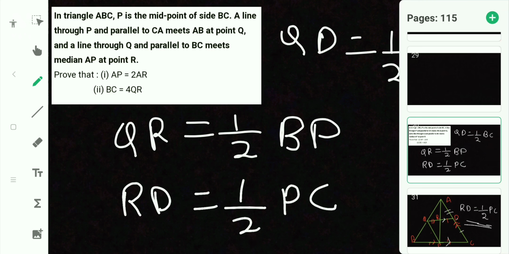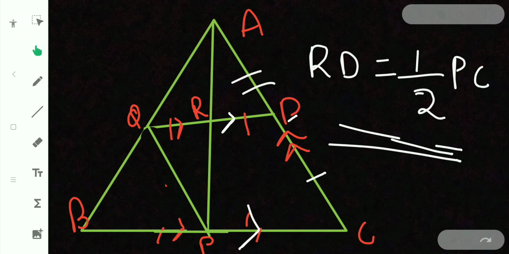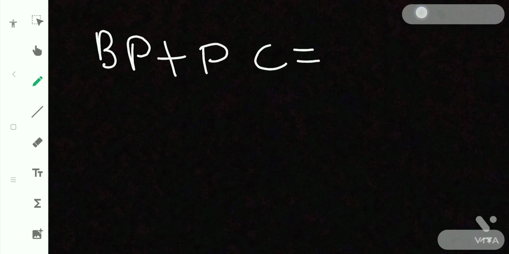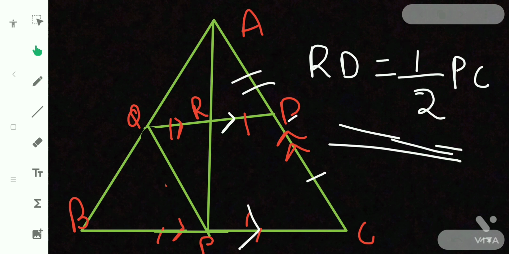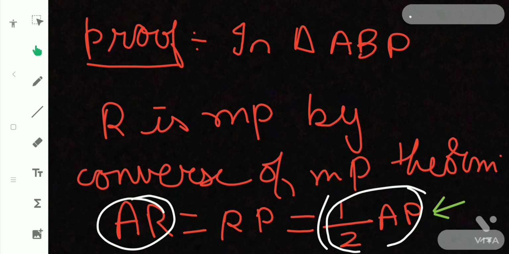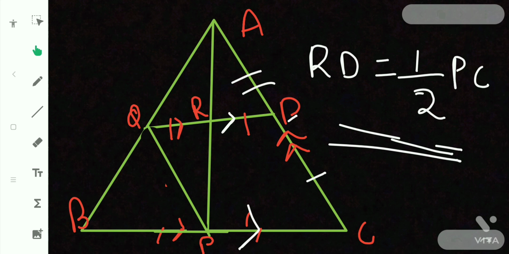Now just consider what BC is from the figure. BC is nothing but BP plus PC. From the figure you get QR and QD. This whole QD is half of BC, but QD is nothing but QR plus RD.